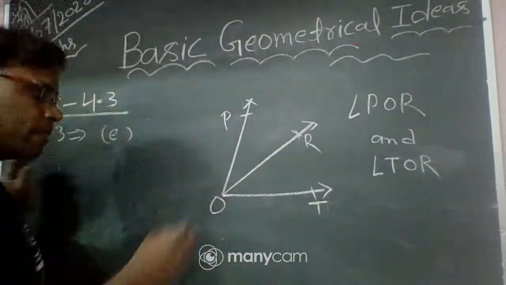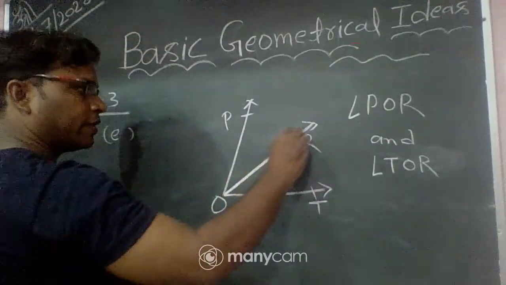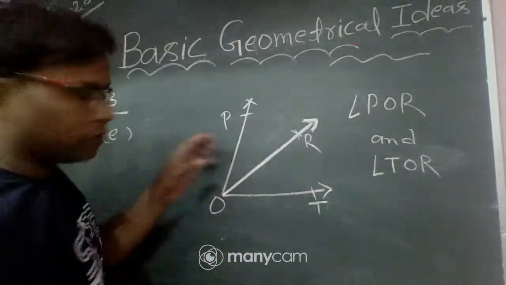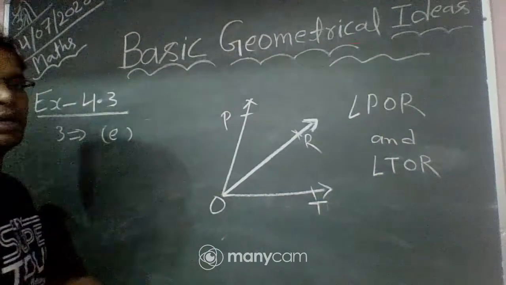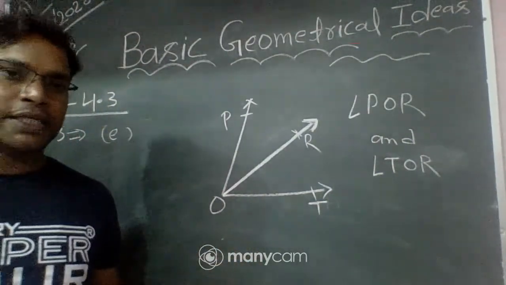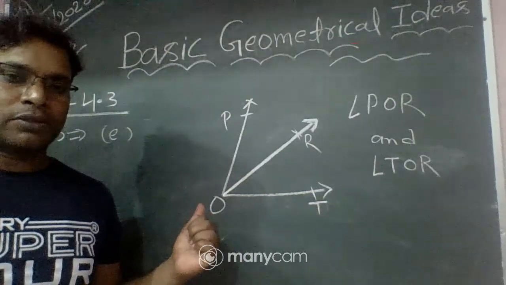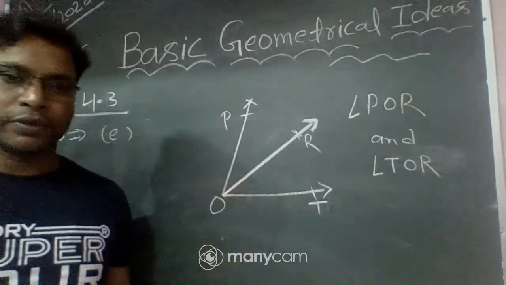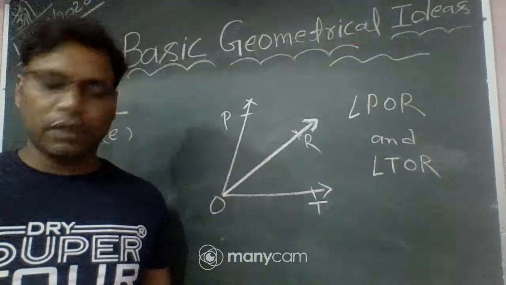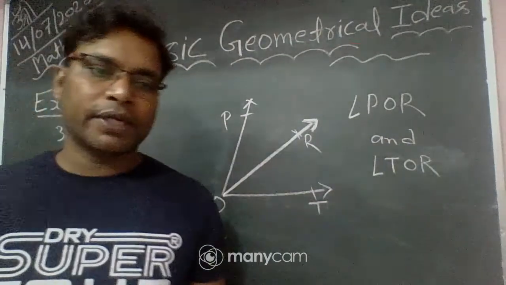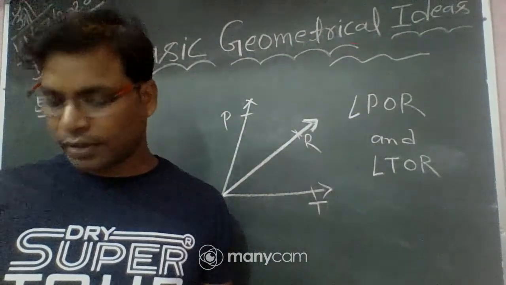This is a ray. So OR is common between the two angles. You can say we draw a rough diagram of two angles such that one ray is common. The common ray is OR. In this way we completed this exercise 4.3.